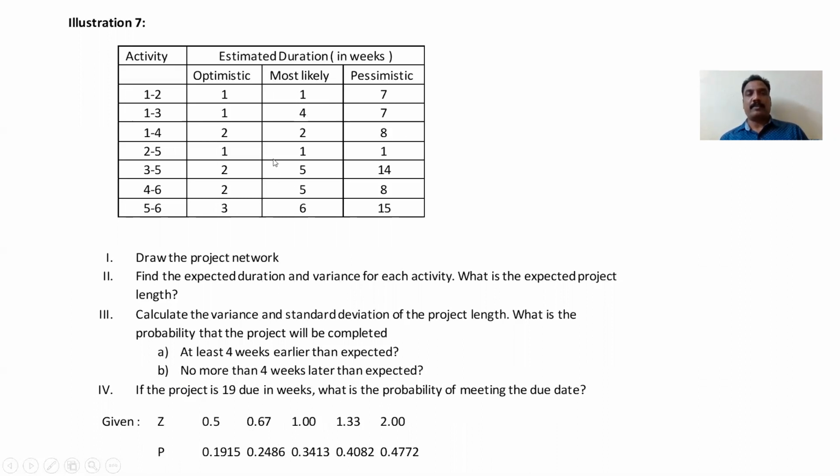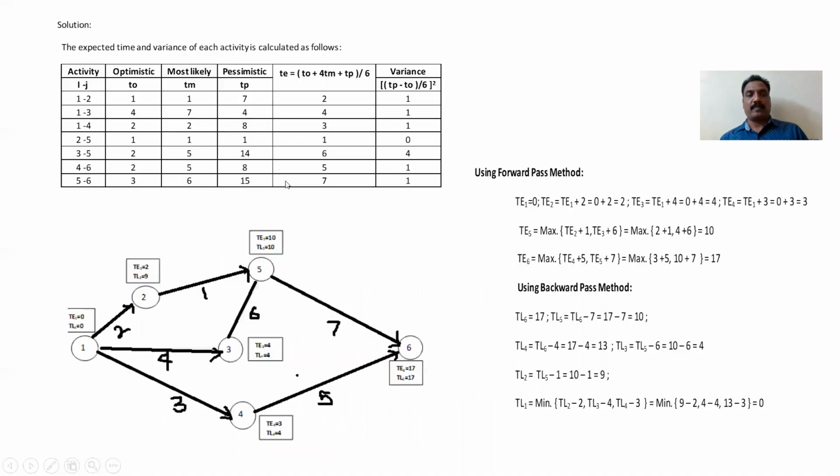Then you find out the TE values, TL values, same procedure I am using. Before that, you have to calculate the estimated time, single estimated time for these three. So now I've taken optimistic times T0, TM most likely, pessimistic is TP.